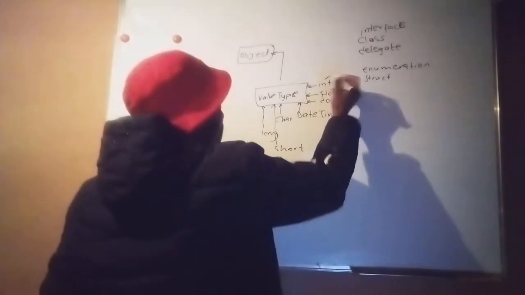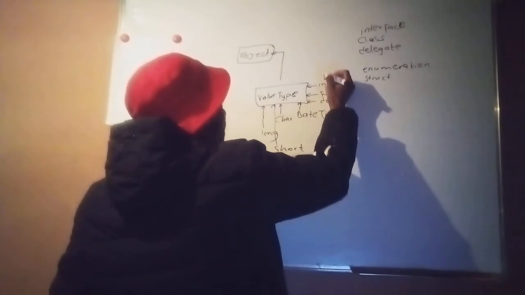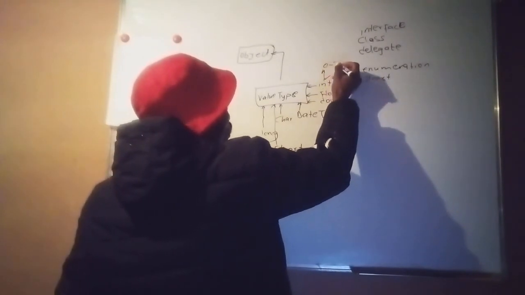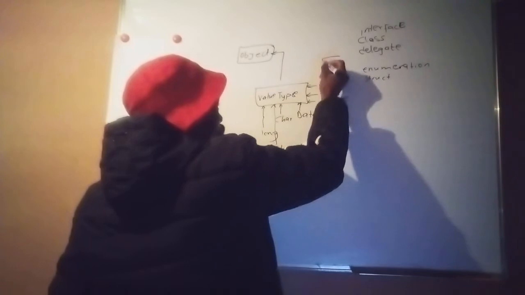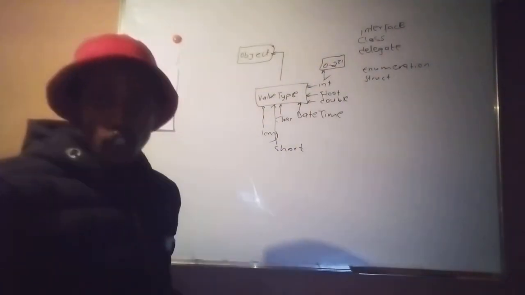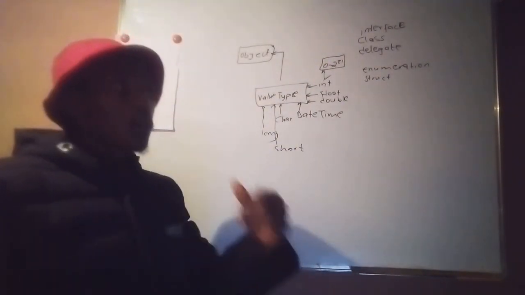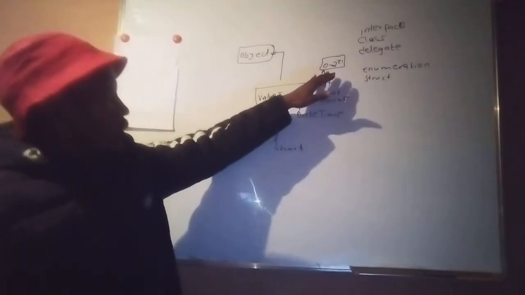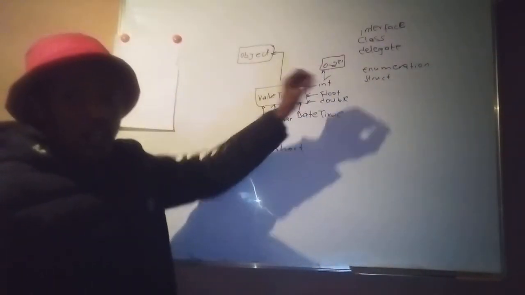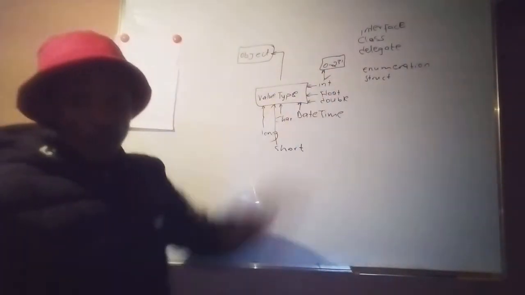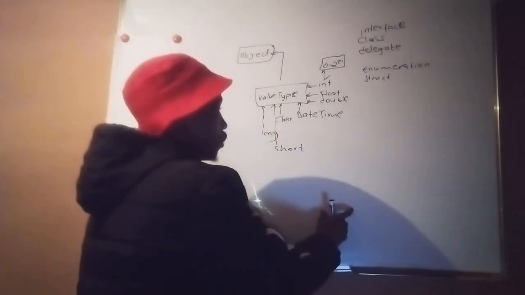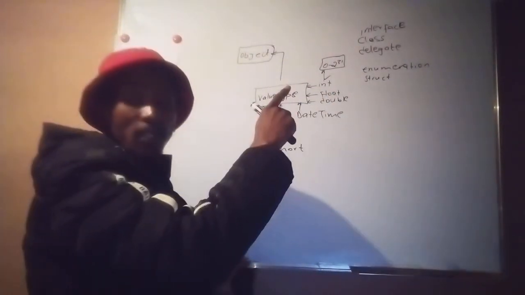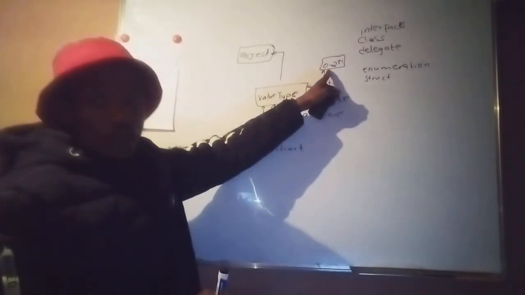So integers are basically any number between 0 and 2 to the power of 31. So any number within that range is an integer. When you know that you are going to work with numbers in that range, you declare your variable as an integer, which means you are indicating to the compiler that you need it to allocate enough space to store any number within that range.